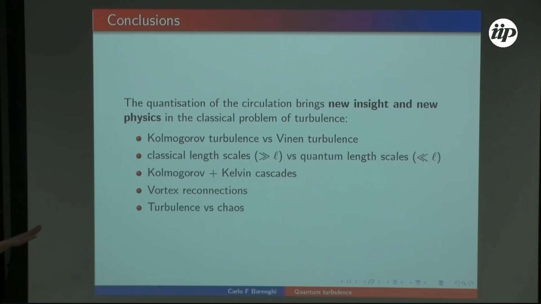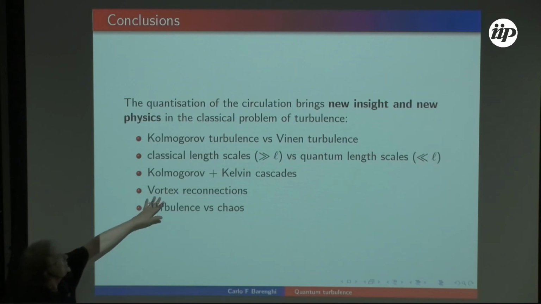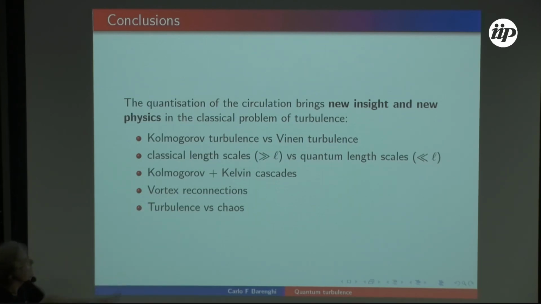Now, there are clearly links with classical physics, classical turbulence, but there are also many, many features which are unprecedented in turbulence or not explored. So the idea of Vinen turbulence, not clear whether it exists in a classical fluid. The distinction between classical and quantum length scales, this double cascade, also features of reconnections, the issue of turbulence versus chaos. So there are all these problems.